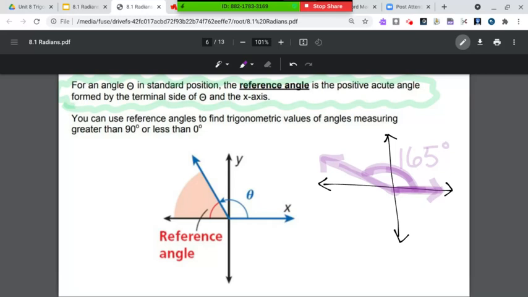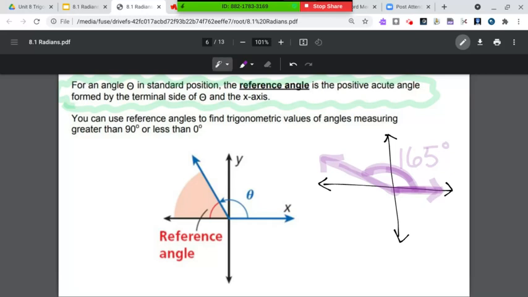Okay, let's say I drew a 165-degree angle in the coordinate plane. Everybody sees it's 165 degrees. How far is 165 from the x-axis? How many degrees away is it? 15 degrees.